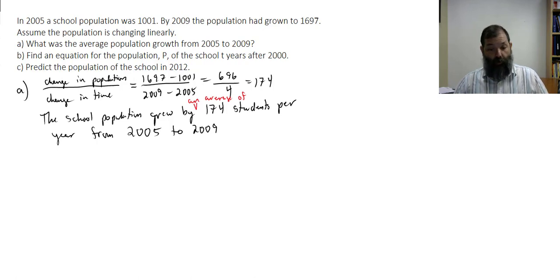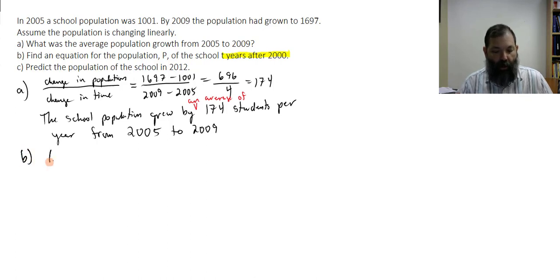Find an equation for the population P of the school T years after 2000. All right, so T years after 2000. So it's asking us here to shift the T, so that we're not going to think of T as the actual year, but a number of years after 2000.